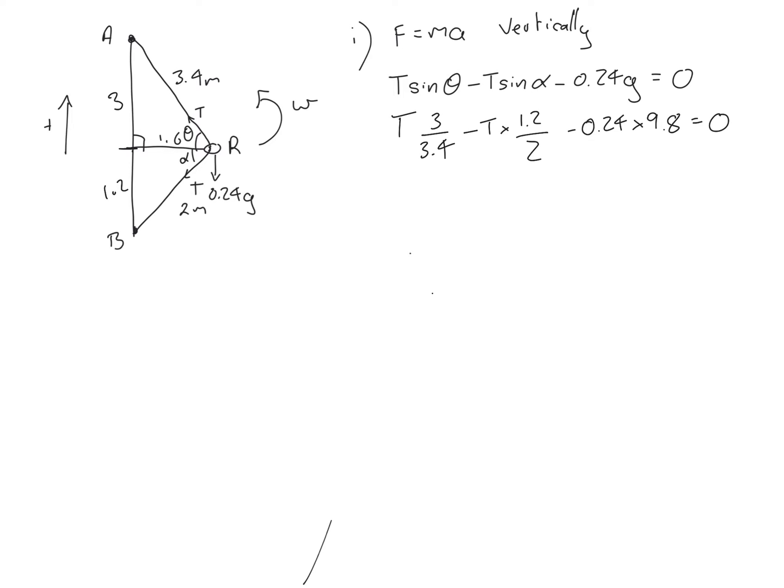Okay, so 3 divided by 3.4 minus 1.2 divided by 2 is 24/85 of T equals 0.24 times 9.8.